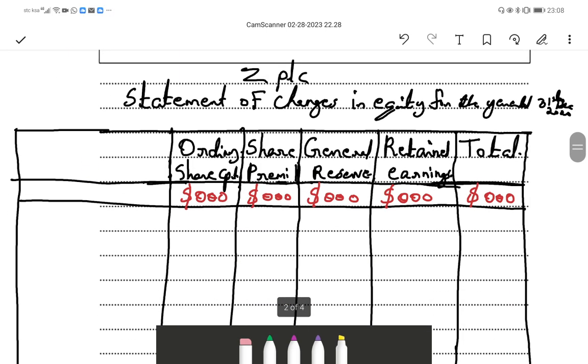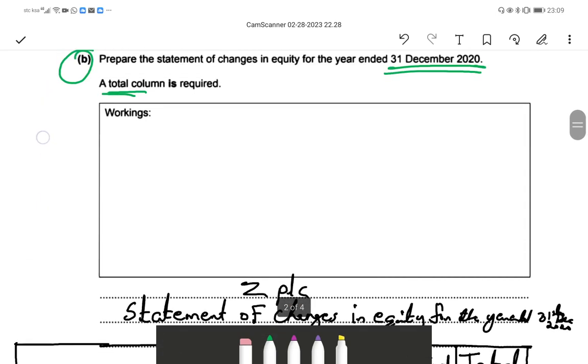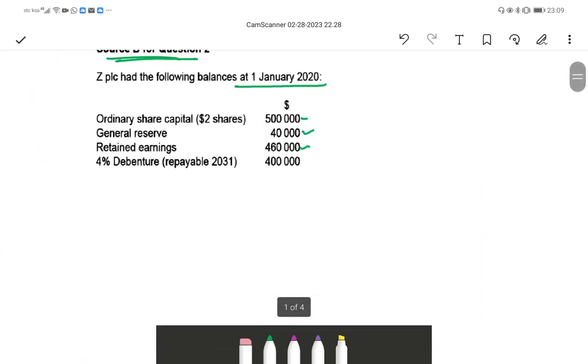So the first item at 1st January 2020. Ordinary share capital 500,000, premium not given. Then what they are given in the question? General reserve and retained earning.